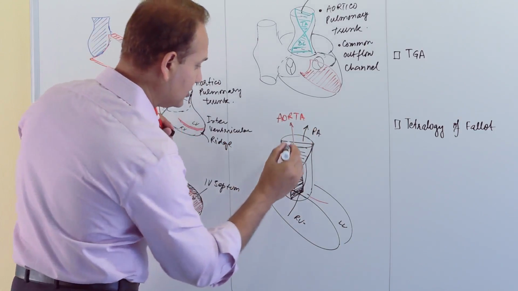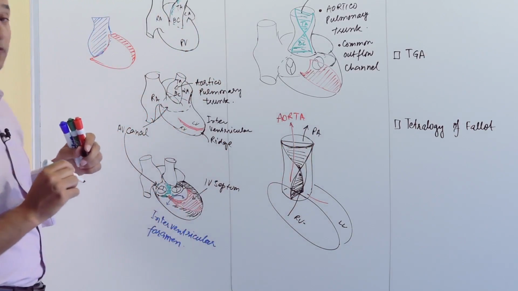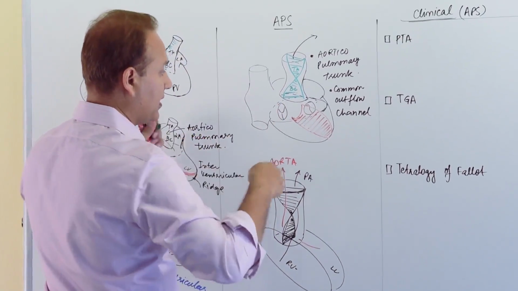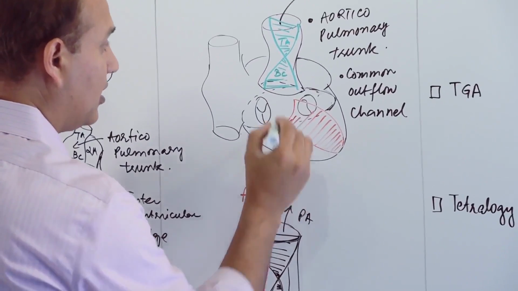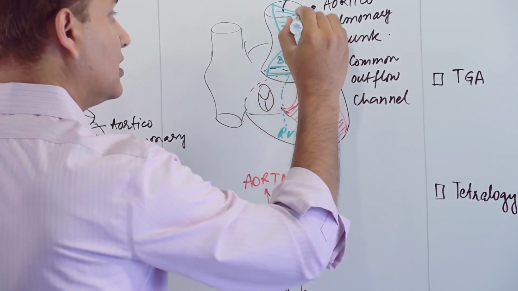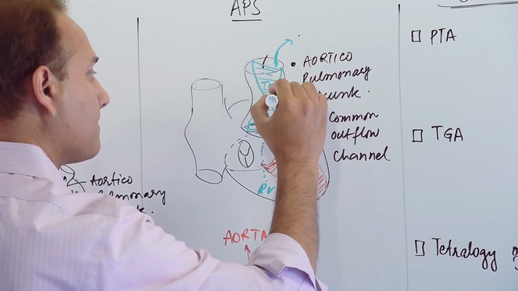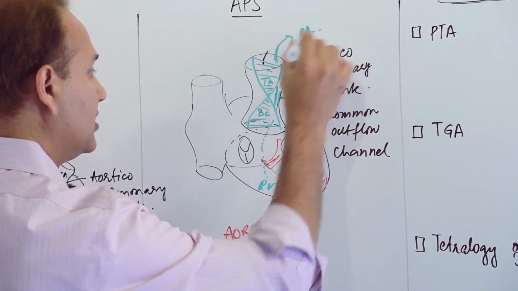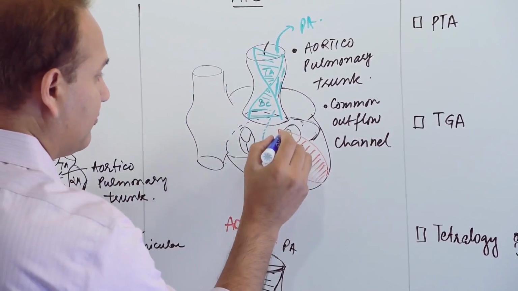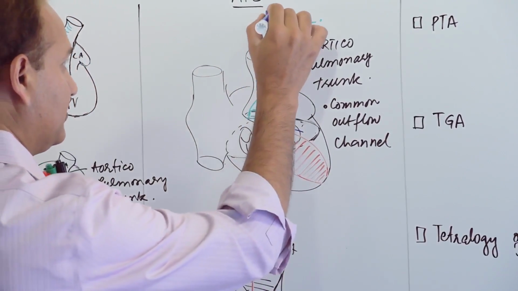So that is how these two things will become twisted. So here as well, same thing, the right ventricle is now going through, this is the pulmonary artery, and the left ventricle, I'll make it with blue, left ventricle's outflow will go like this and come out, and that is the aorta.